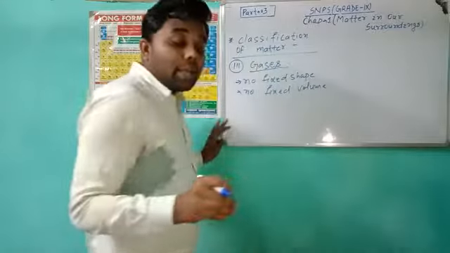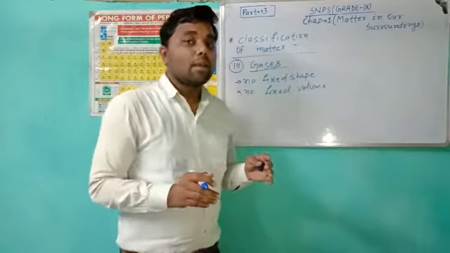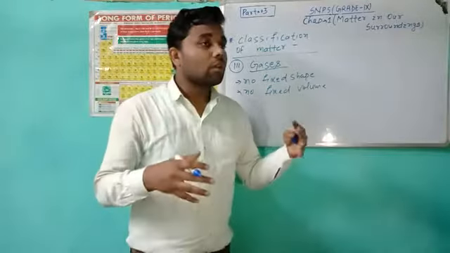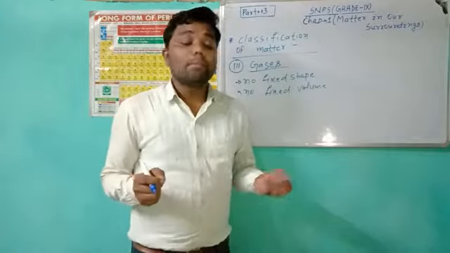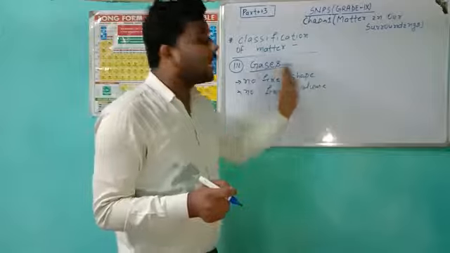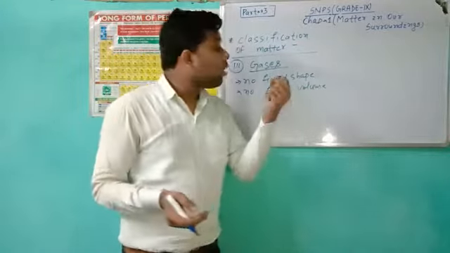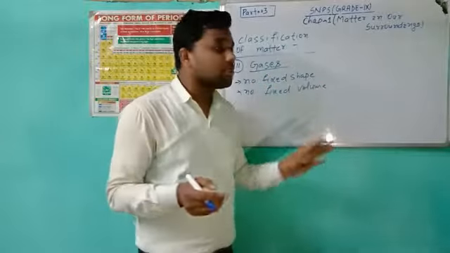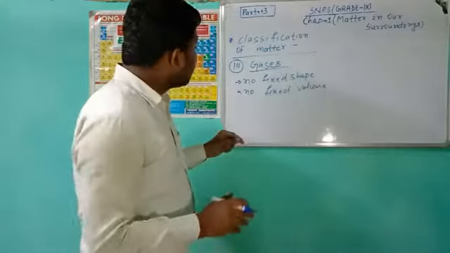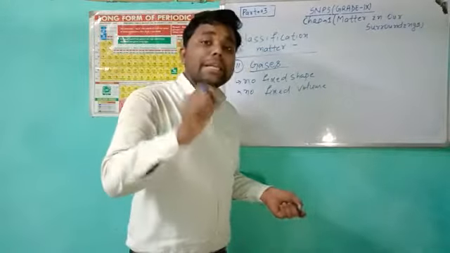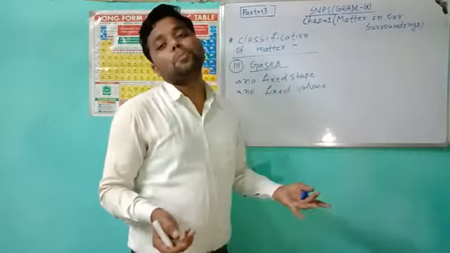Just because the intermolecular spaces are very large, and the intermolecular forces present between the molecules of gases are negligible. Hence, the particles of gases move in any direction. So we can say that due to negligible intermolecular forces, gases have no fixed shape and volume.